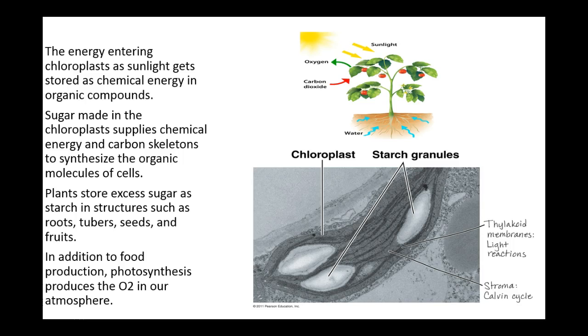So in addition to food, photosynthesis is a very important process because it creates oxygen for us to breathe. It's the other side of the coin. We create plenty of carbon dioxide for plants to use. Plants create oxygen for us to use, as well as this stored form of organic molecules.